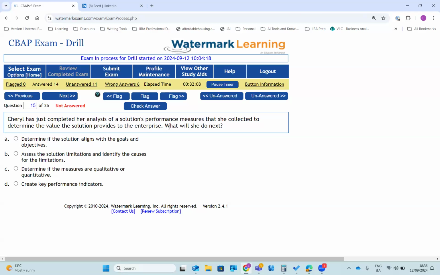Maybe B, because first we measure performance, then we analyze, and then we assess solution limitation. It is what I remember, like a task. The rest doesn't suit for me.